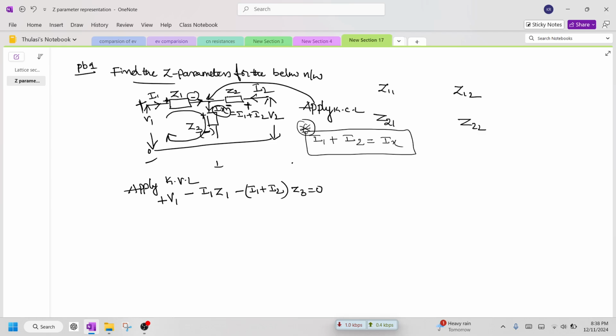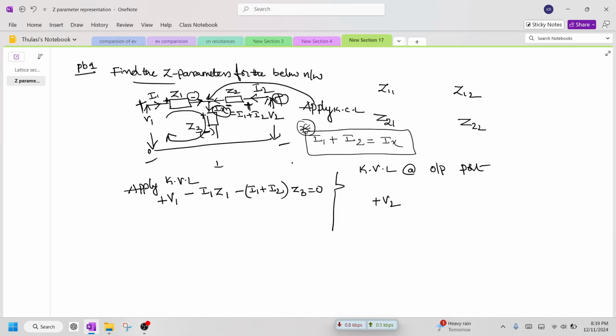Now we apply Kirchhoff's voltage law at the output port. Here, current is entering and current is leaving. The voltage is plus V2. Current is entering at positive and leaving at negative.